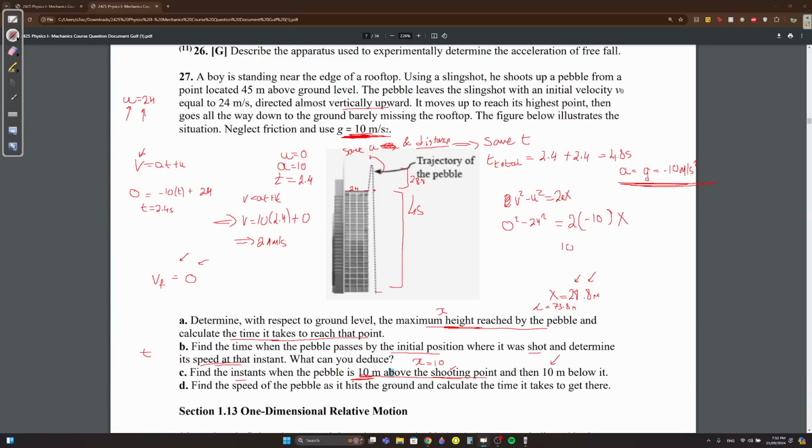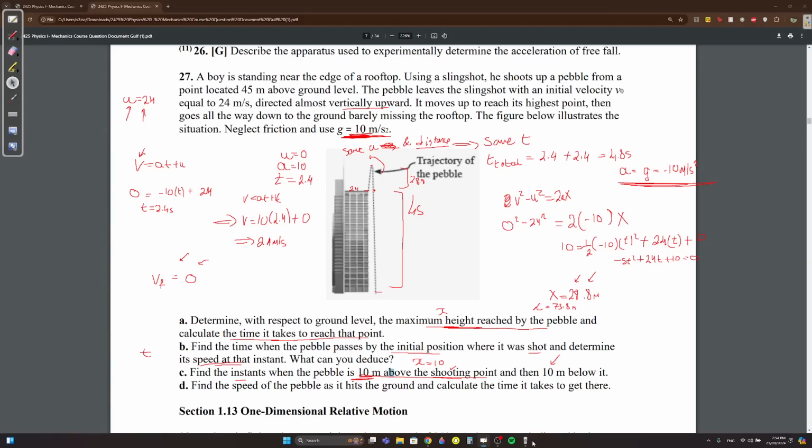So 10 equals half the acceleration, which is negative 10, t squared, plus ut, which is 24t, plus x naught, which is 0. We don't care. So you're going to get minus 5t squared plus 24t. Take this here, plus 10 equals 0.